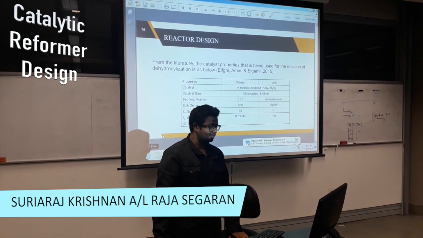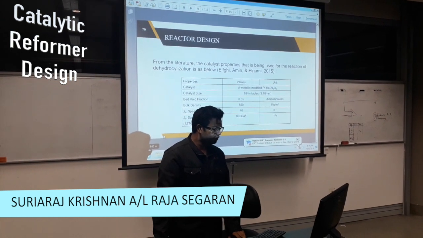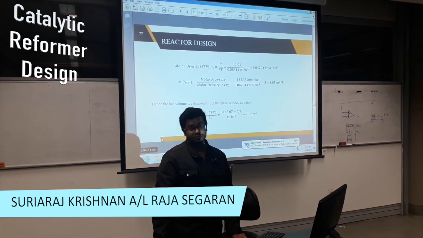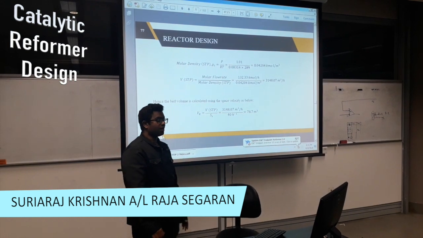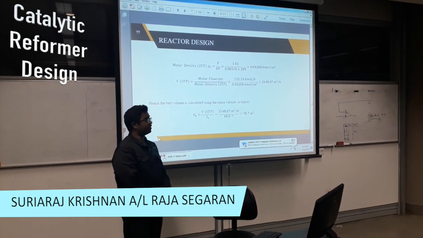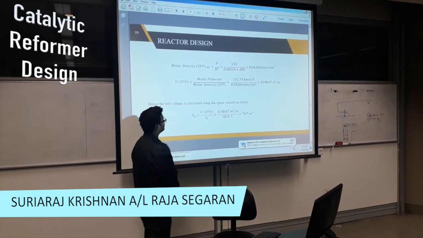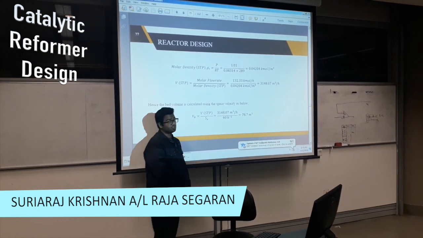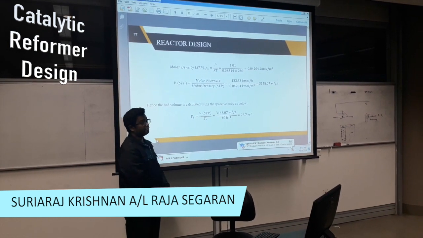Using this data, first we calculate the molar density at standard temperature and pressure, which gives us a value of 0.04 kilomole per meter cube.